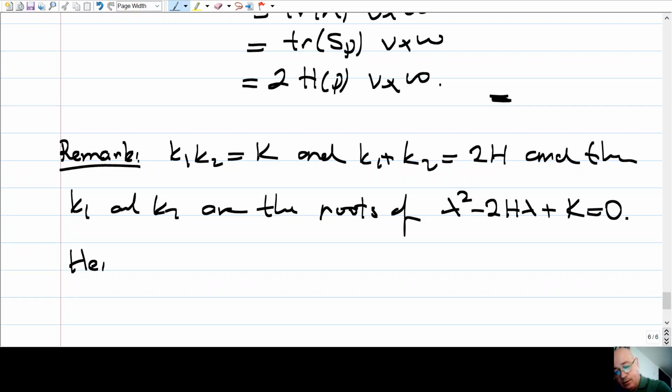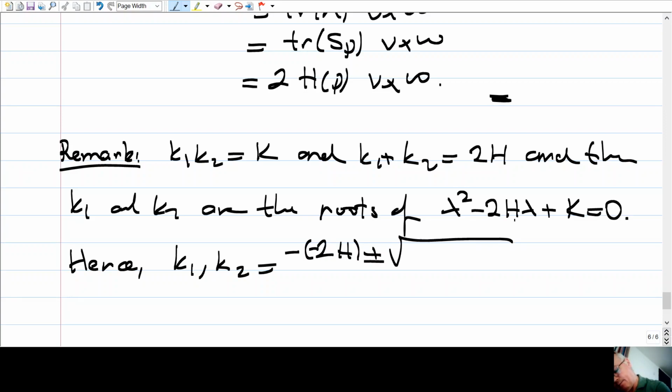Hence, k1 and k2, the roots of this equation, what are the roots? Minus of this coefficient, so 2H, plus or minus the square root of 4H squared minus 4 times this times this, so minus 4K, divided by 2.